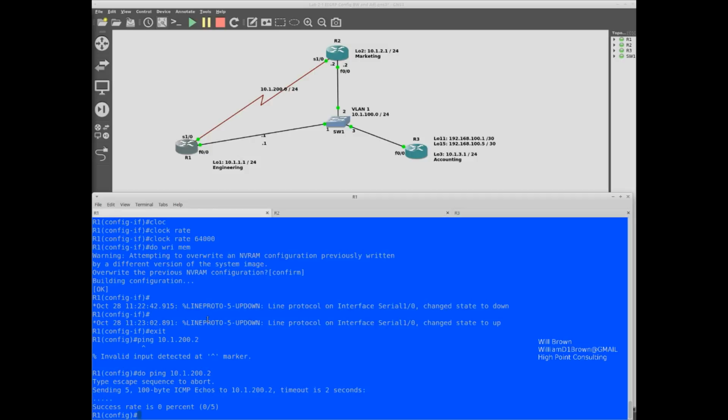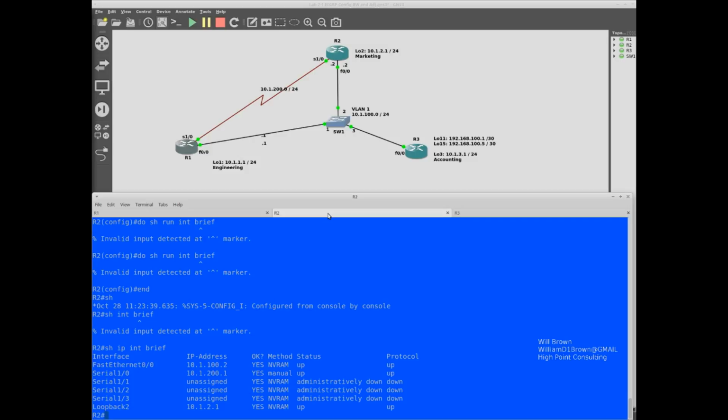10.1.200.1. And what did I type? It should be 10.1.200.2. Well, I'm surprised this actually worked. I crossed up my IP addresses. Let me fix this.